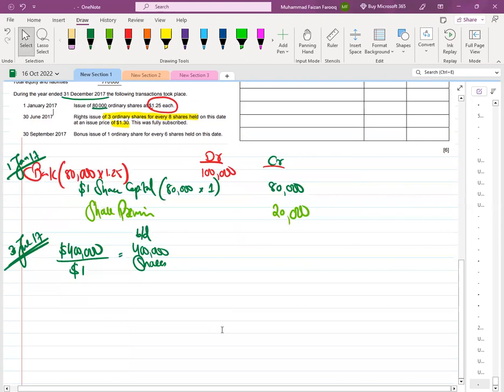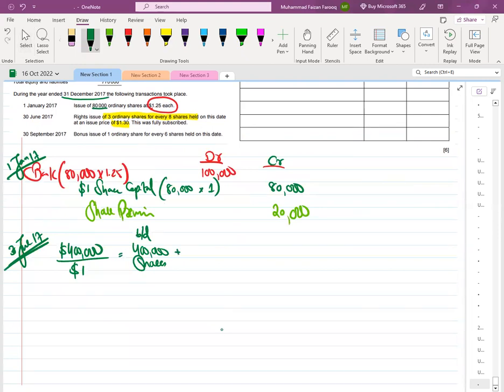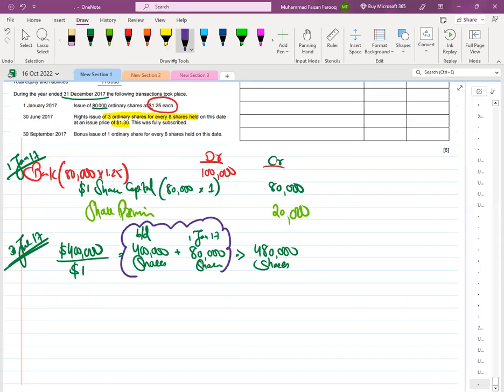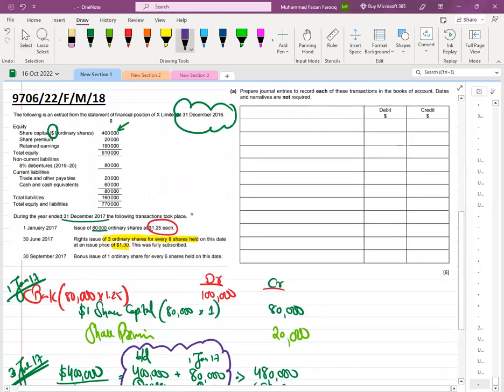Tell me, before the right issue, did we issue any other shares? Did we issue 80,000 shares on January 1st or not? We did. So the total number of shares in issue at the time of the right shares was not 400,000, it was 480,000. This is the point most students missed. We had 400,000 shares in issue, but that is the previous year's closing, this year's opening.